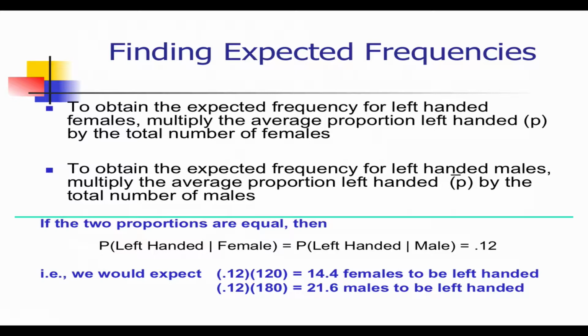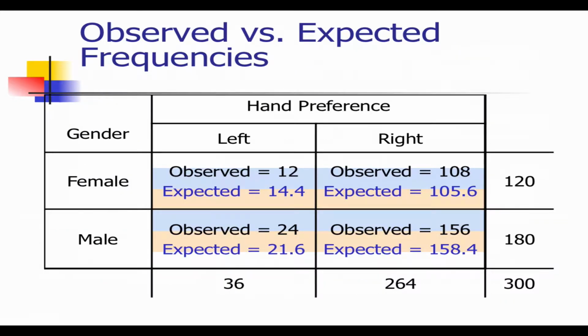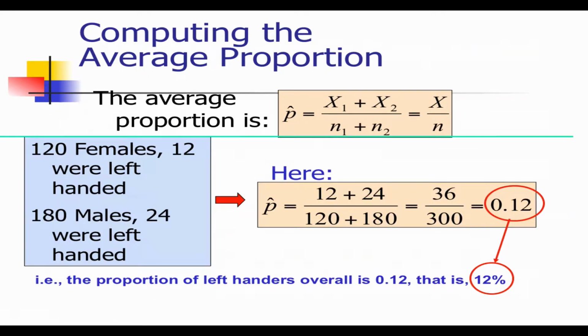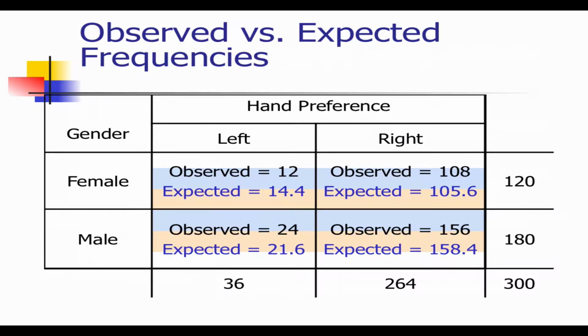essentially it means that you can populate an expected frequency table under this p-hat, which is calculated under the null hypothesis. So if you think about it, if you have 120 females in your sample, and under that p-hat, which is 12% right here, that means there's no difference for gender, for female and male to be left-handed.